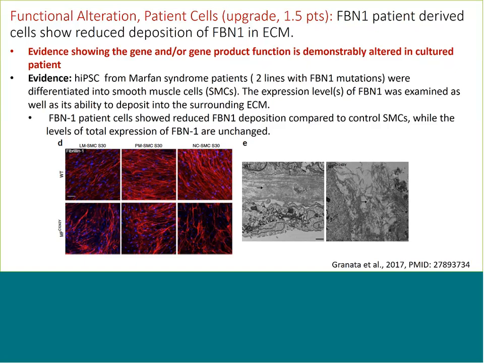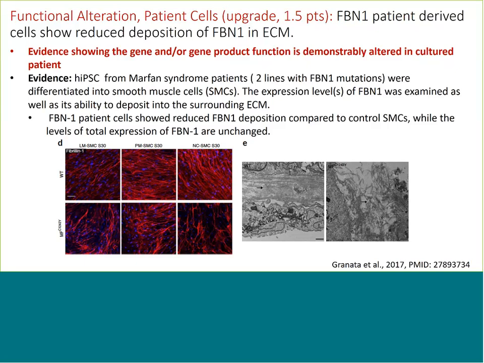And what they ended up doing was taking human-induced pluripotent stem cells from Marfan syndrome patients. They had 2 lines in this specific paper that had 2 different fibrillin 1 mutations, and they differentiated these into smooth muscle cells. They then looked at the expression levels of fibrillin 1 and showed that they were the same for them. So they were really trying to figure out what was the mechanism of this mutation.